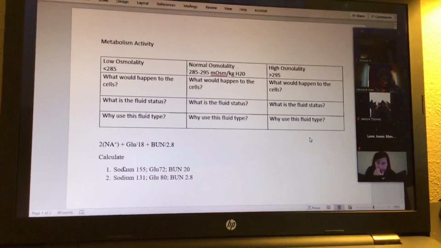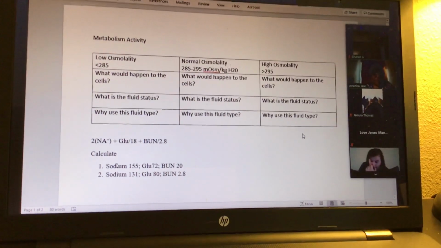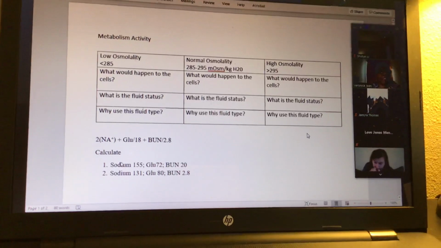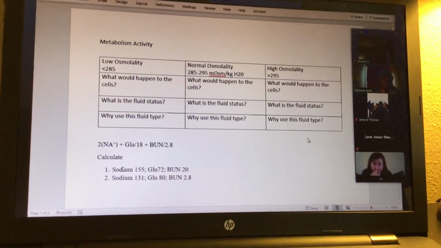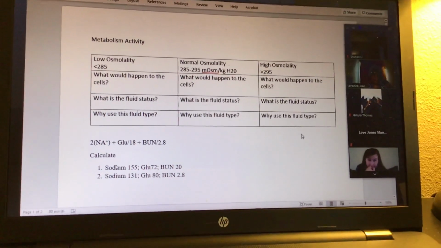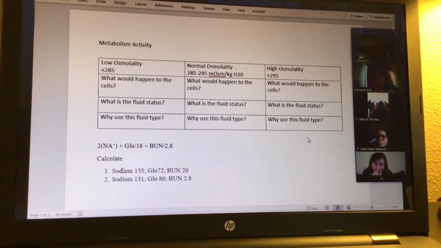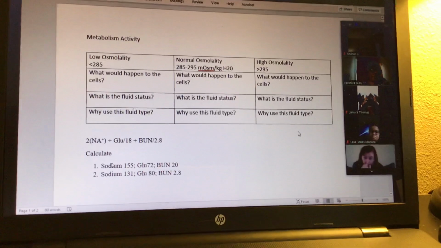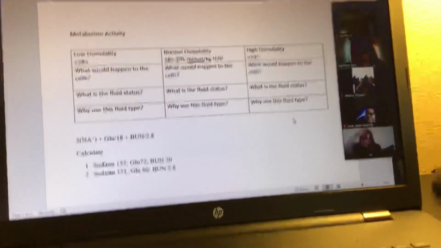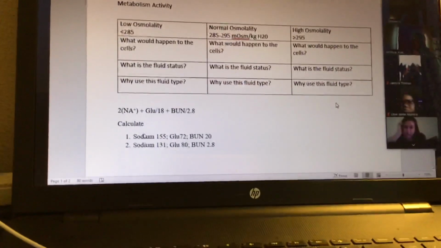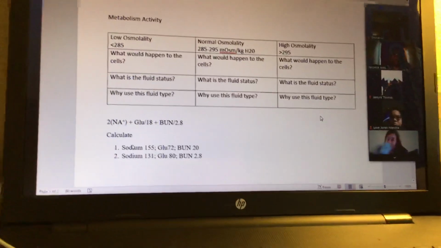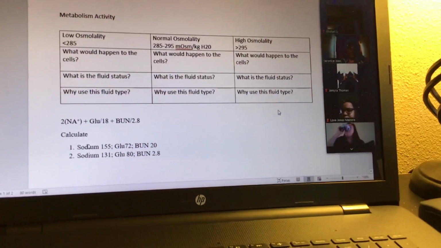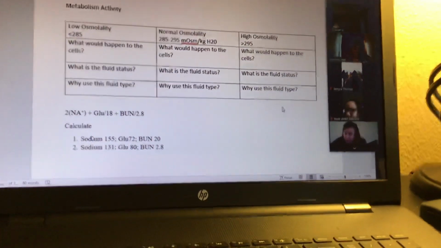Okay, we're looking at the normal osmolality, which is 285 to 295. As I said in the lecture, I use Uganda and Uganda because the two books that we use, I don't believe their numbers are in sync with each other. So can somebody tell me, since this is normal, what would you expect the cell to do?